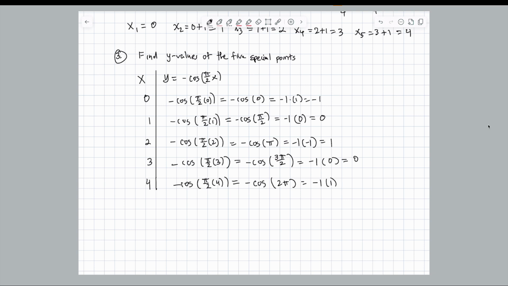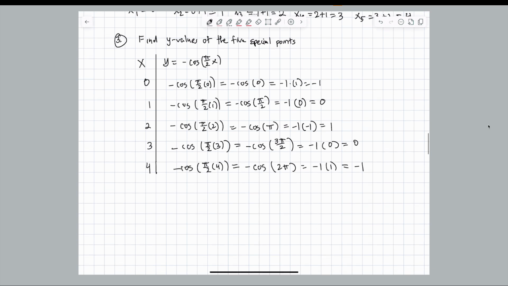So we get -1 times 1, which gives us -1. Okay, so now we know our special points are (0, -1), (1, 0), (2, 1), (3, 0), and (4, -1).